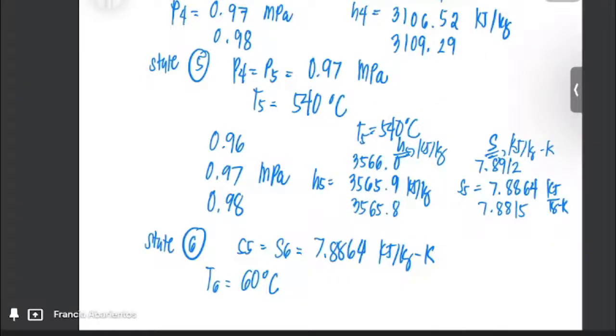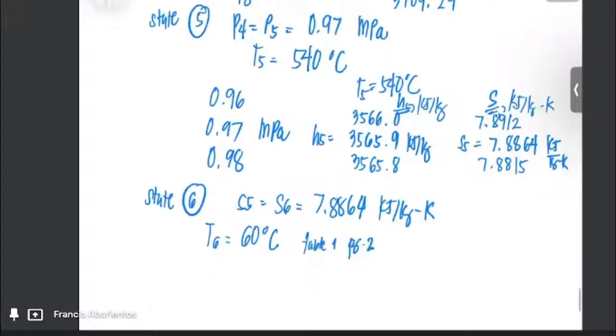Okay. So, pupunta tayo class doon sa table 1. Kasi 60 degree yung binigay sa atin. Table 1, page 2. So, 60, we have 60. So, this is 7.9.